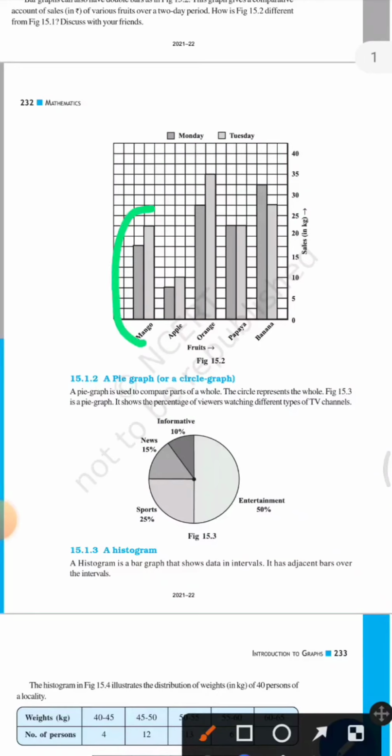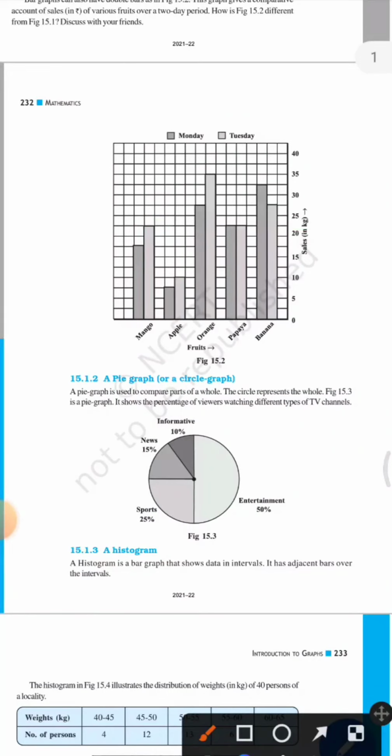So you can compare these two data, and you can say that the selling of mango on Tuesday was higher than Monday, because the bar is higher, that means the height of this bar is greater than the height of this one.